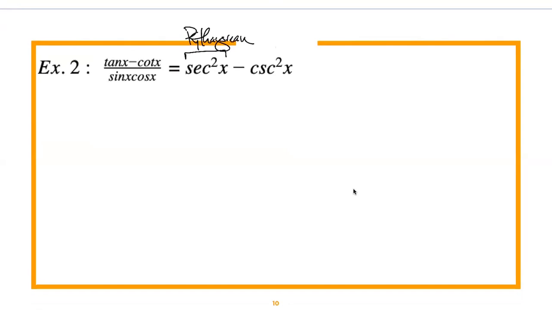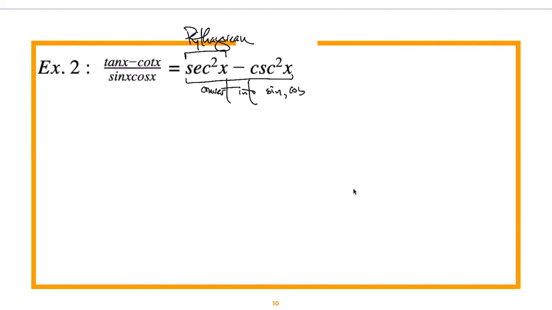Anybody have a different idea? I would probably turn the secant squared and cosecant squared into fractions. So turning them into sine and cosine? Yeah. Okay. So we could do Pythagorean, or maybe we could convert into sine and cosine. Any other ideas? Could we change tangent and cotangent, the numerators on the left-hand side? Yes.